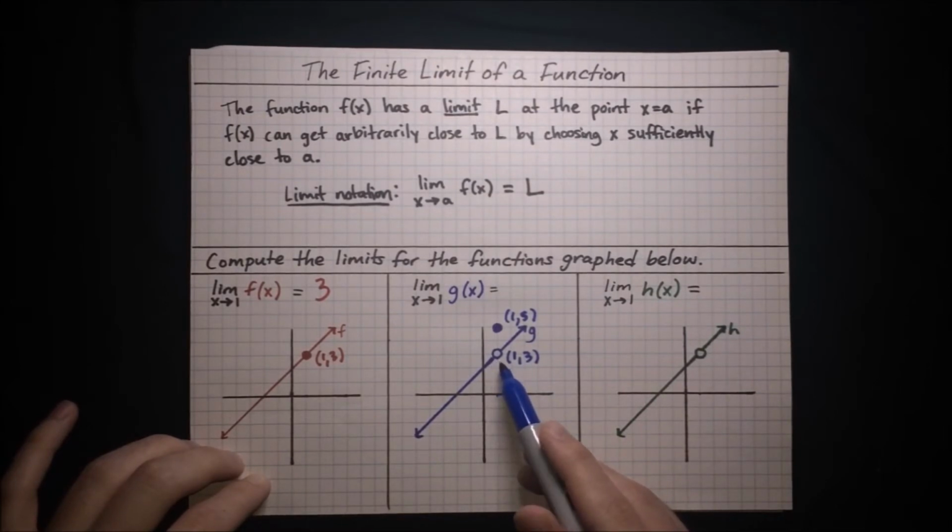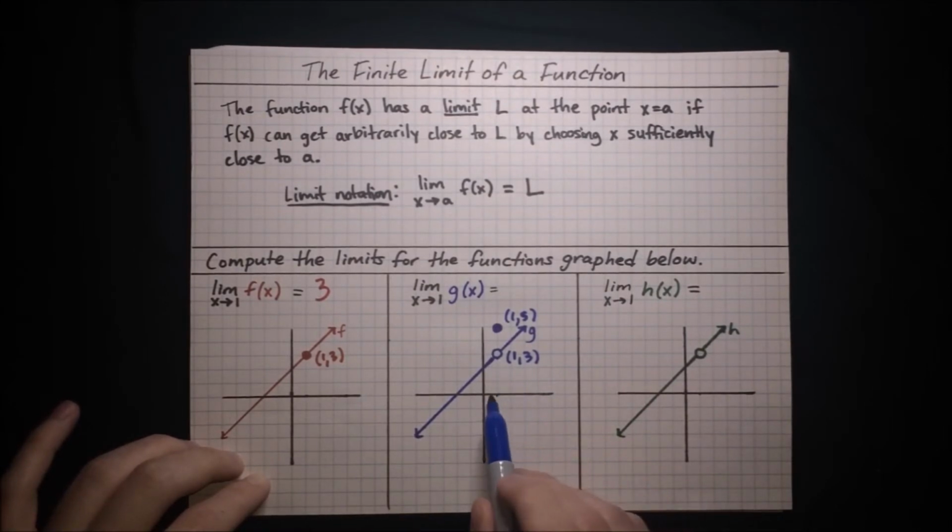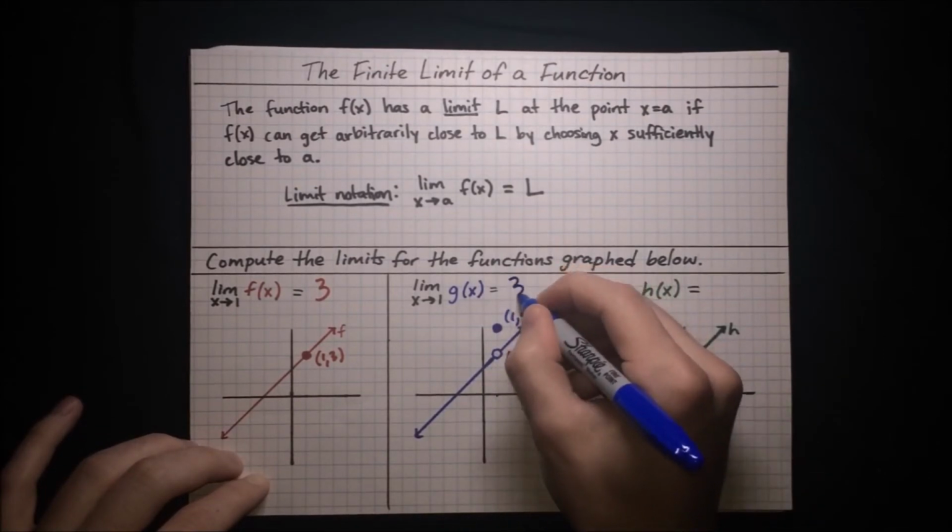And as x gets closer and closer to 1, like say x is a half, the point would be right there, which is like 2.5. If x is like 0.99999, like nearly over to 1, then the function value would be just right below 3. So yeah, the function value is approaching 3, even though it doesn't actually attain that value of 3. So nevertheless, the limit is still 3.